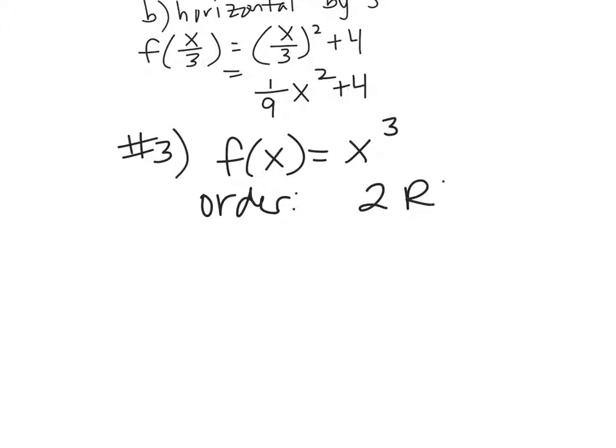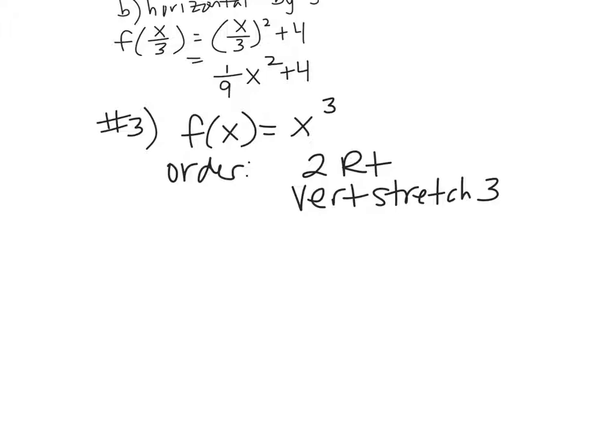We're going to go 2 to the right. Okay. We're going to do a vertical stretch of 3. And then we're going to translate 8 up. Okay, now they're not going to ask you to graph it. They're just going to ask you to tell me what the function would look like if these things happened in this order. 1, 2, 3.